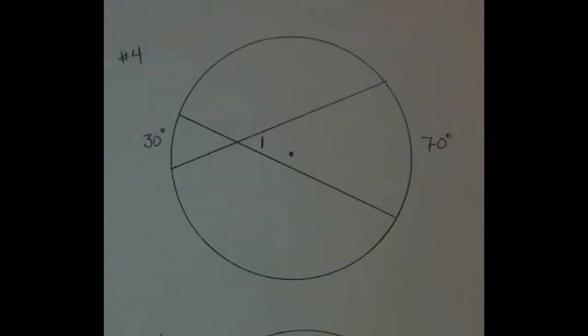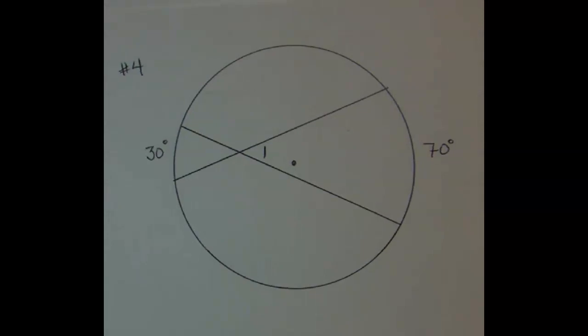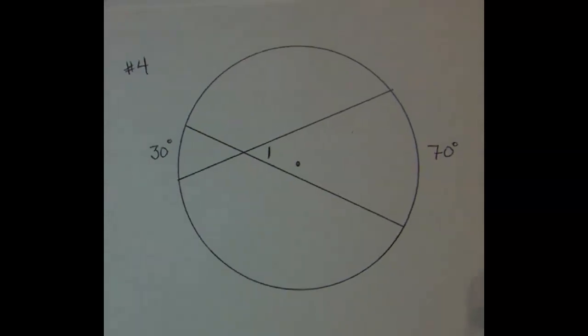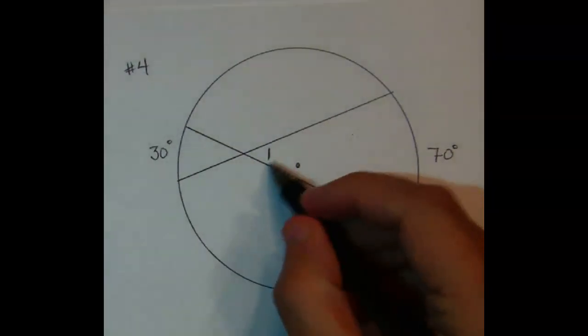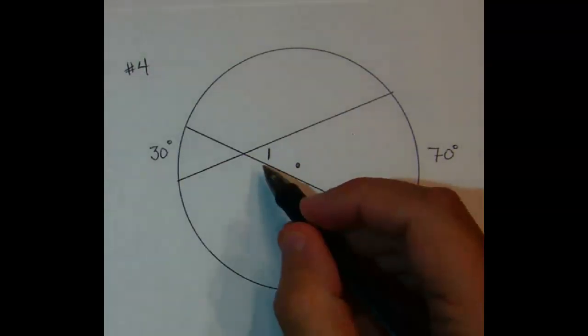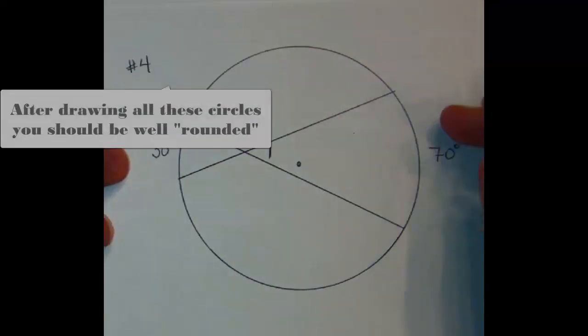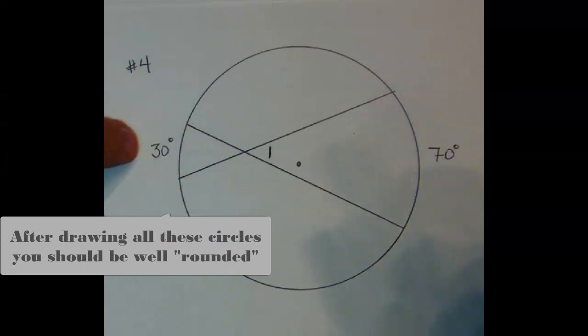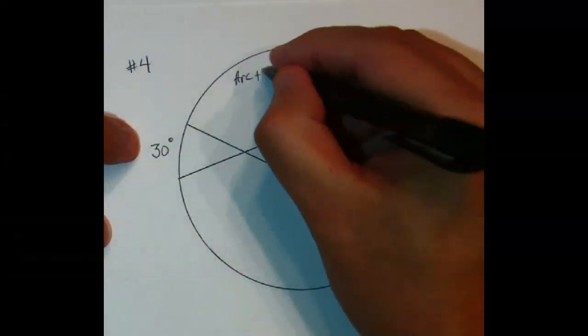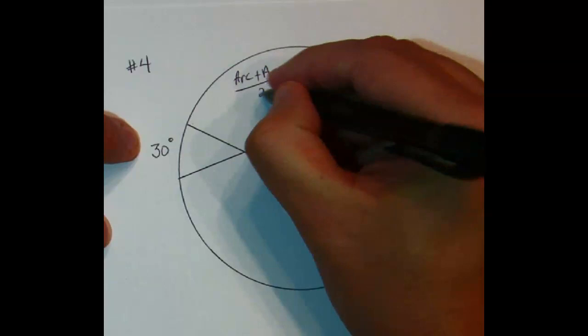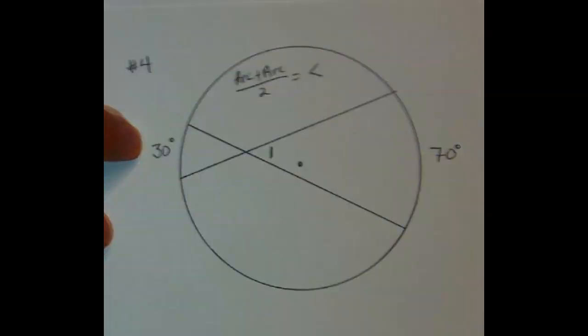Number 4. Now, here comes the coffee problem inside of the cup. So the angle is on the inside, and we want to find that measure. If you look at your formula, it says arc plus arc divided by 2 is equal to the angle.